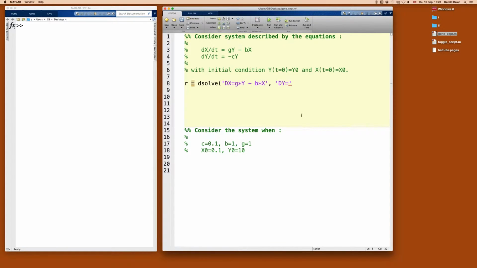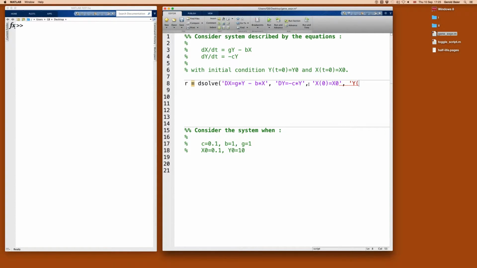dy equals minus c times y, sorry. MATLAB will think cy is a one element, but actually we mean c times y. We can also tell MATLAB the initial conditions. So x at time 0 is equal to x naught.